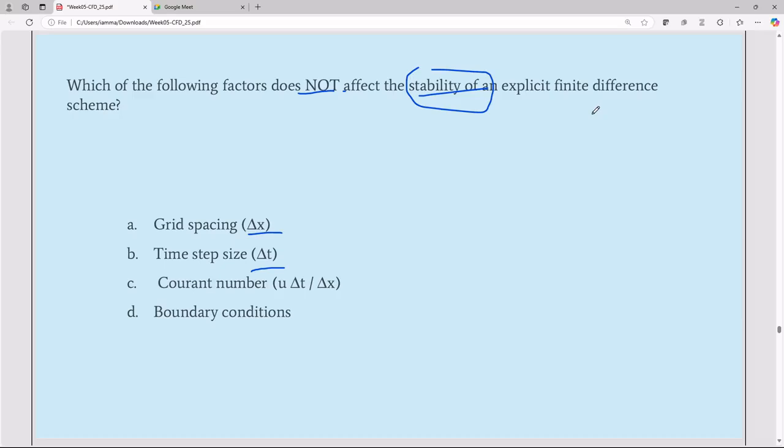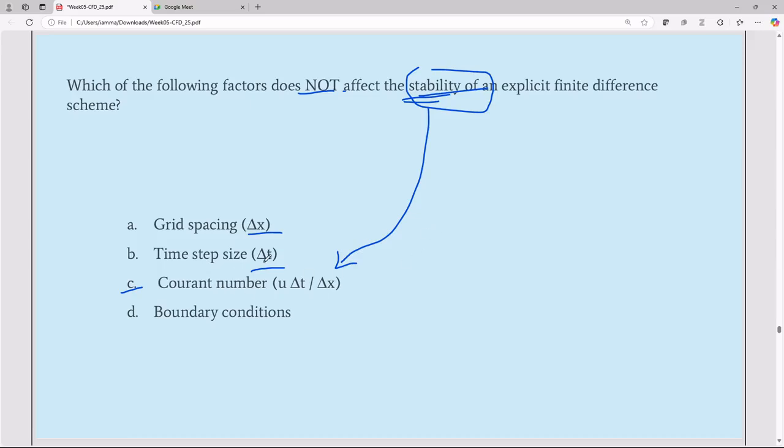The answer is, from the options itself, we can easily find out the answer. So option C is the Courant number. It will be the first thing that comes to our mind when we are talking about stability. Stability is mostly related to the Courant number or the Courant-Friedrichs-Lewy criterion.